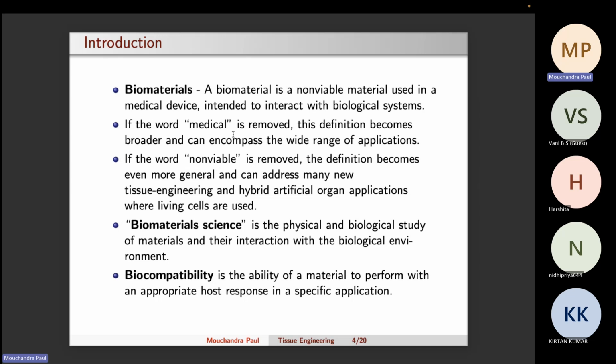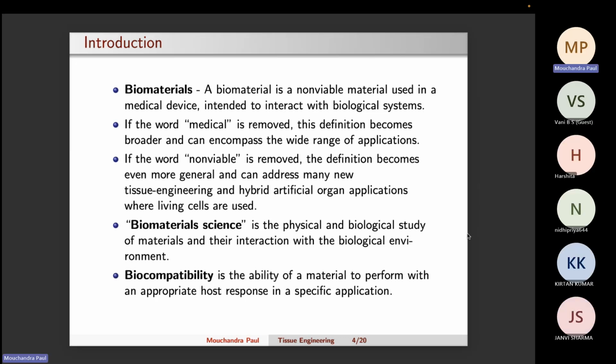It can be used for other purposes as well, where that material is coming in contact with biological systems. One small example is an artificial tissue construct. That is not a device. It means you are not programming it to do some particular function, but it is a biological thing which is going to come in contact with your body.